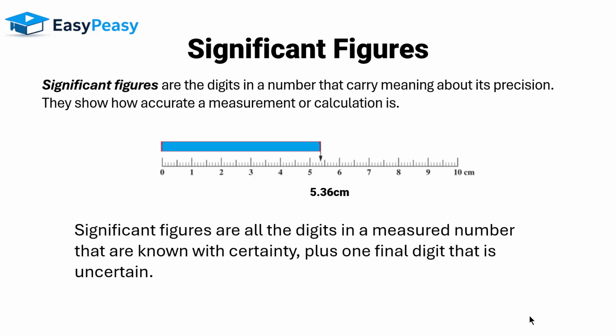So significant figures are all the digits in a measured number that are known with certainty, plus one final digit that is uncertain. Right now, we are certain that it is 5.3, but we're not sure about the 6. Maybe if we take a more precise scale, the value is going to change more.